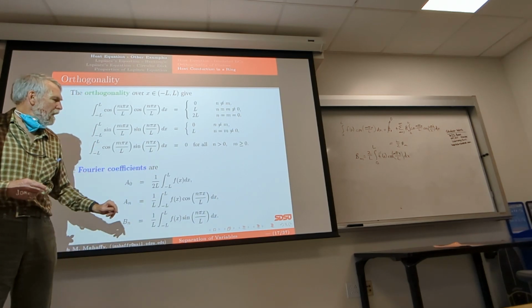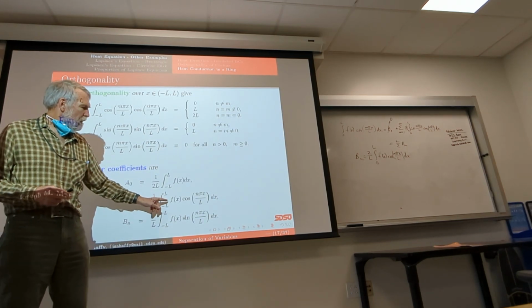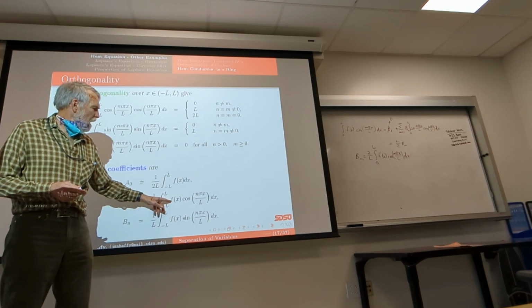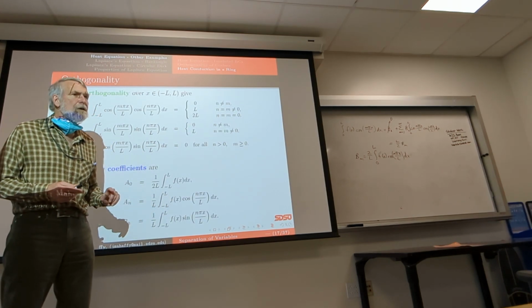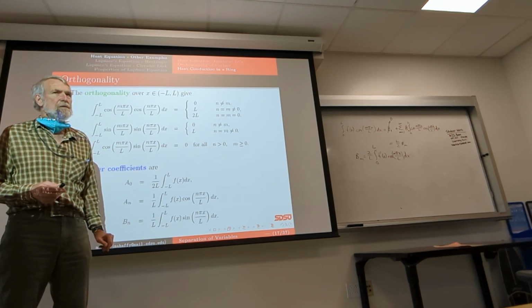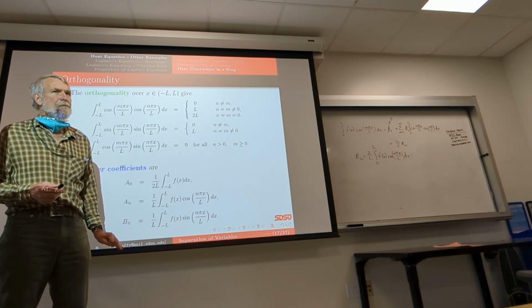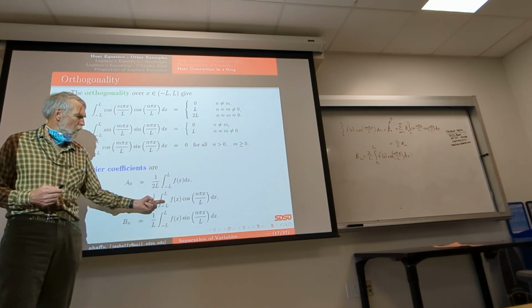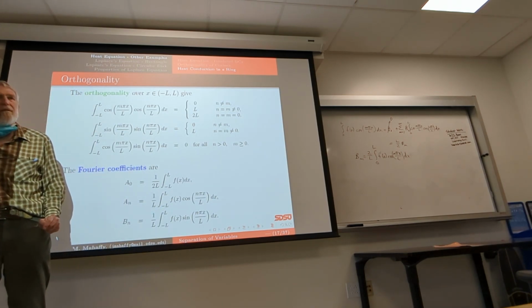Okay? And see, if the f of x was an odd function, what would be true about this integral? If f of x was an odd function, what's true about this integral right here?